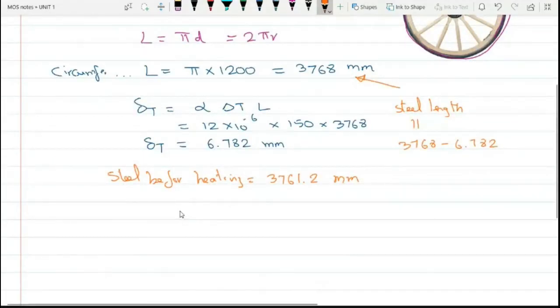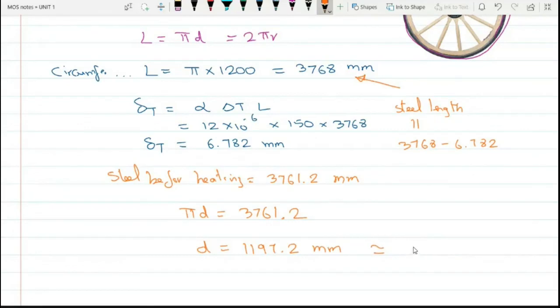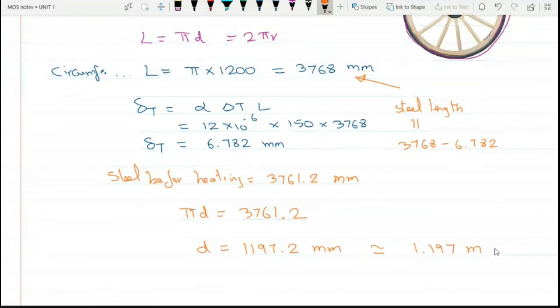So this is pi d, right? Pi d is 3761.2. So what is your d? Diameter of this steel ring before heating. We are getting 1197.2 mm. Or I can also write it as 1.197 meter, right?